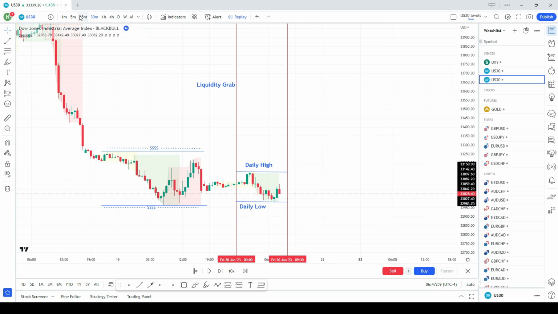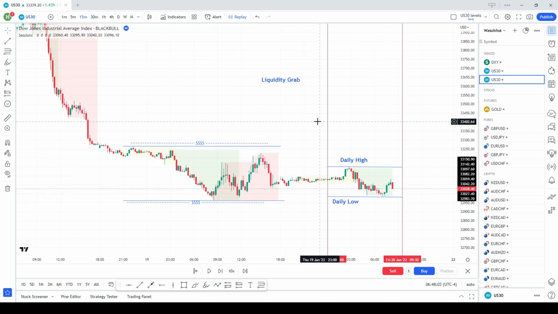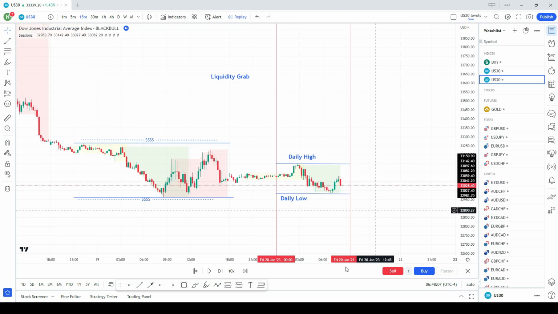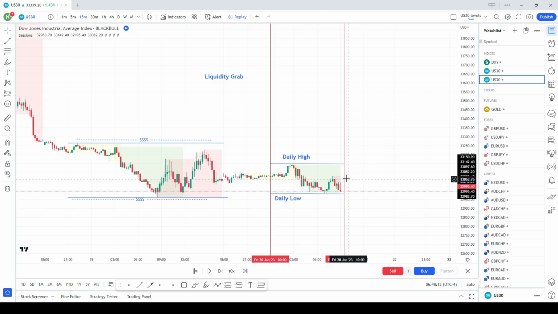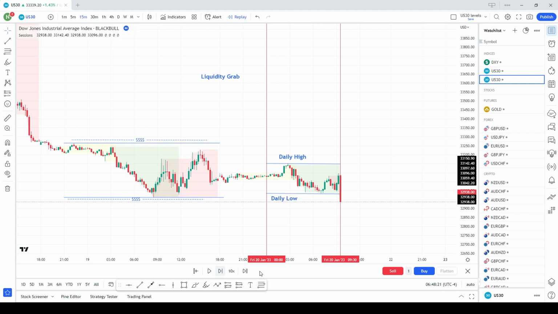Now let's move to the 15-minute time frame. We are not yet at the 9:30, so we are not taking any trades so far. We are observing.